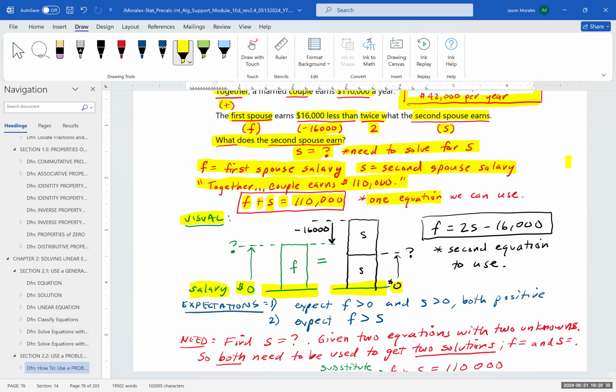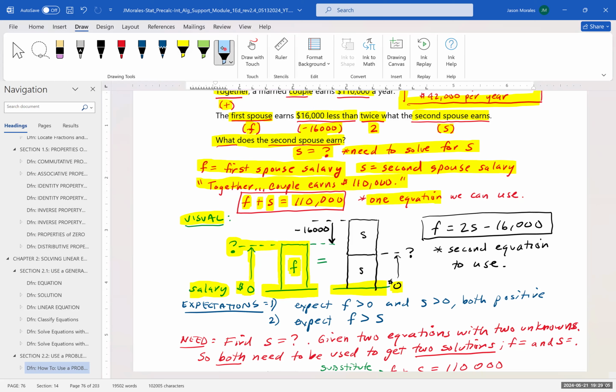The very bottom is zero salary. And we can represent the height of this bar as the amount that the first spouse makes. This distance from 0 up, we don't know what amount that is. We don't know the amount that the first spouse makes.